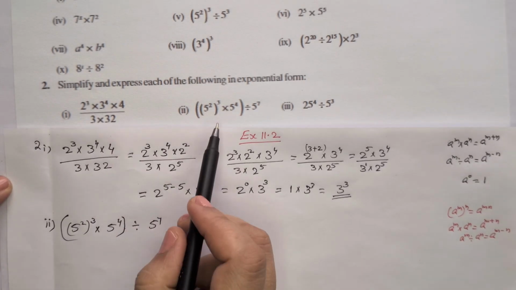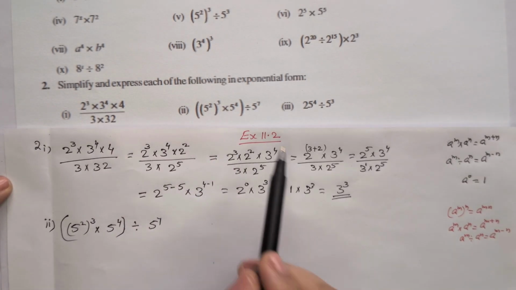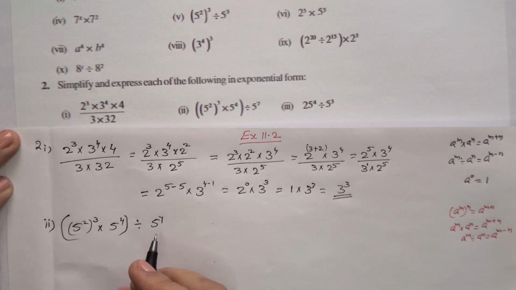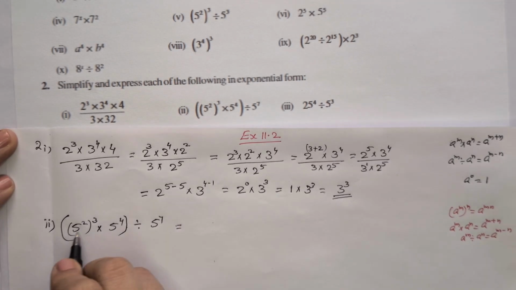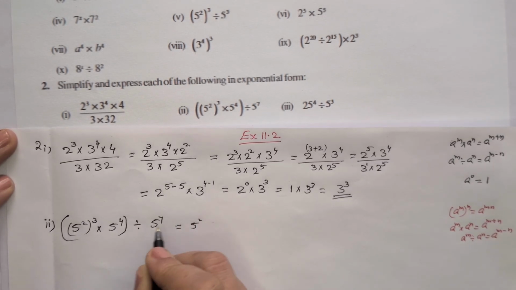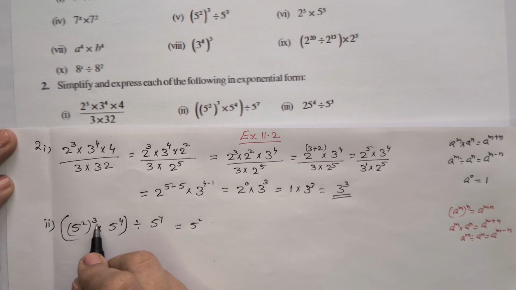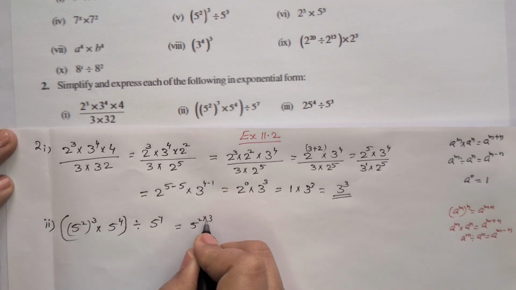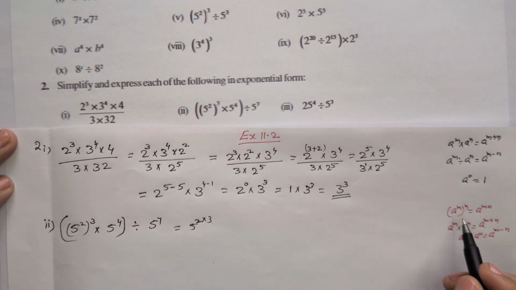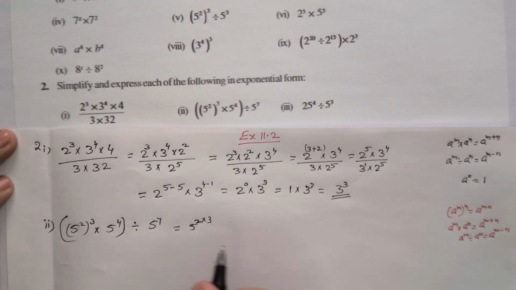Second one, 5 square the whole cube into 5 raised to 4 divided by 5 raised to 7. This we can write as 5 square the whole raised to 3, so 2 into 3, using the rule a raised to m the whole raised to n is equal to a raised to m into n.